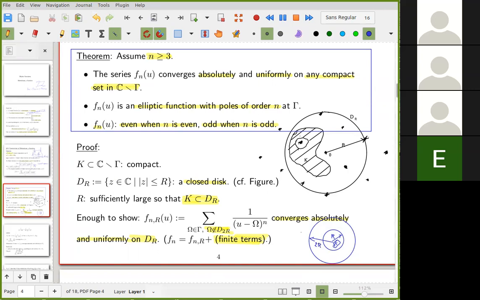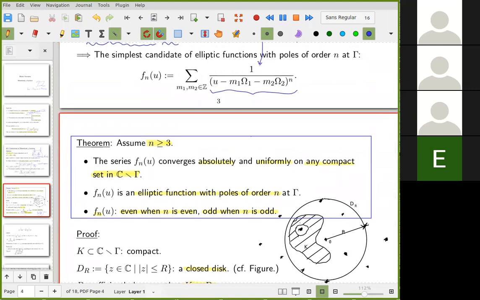Circle. And we pick up lattice points outside of this larger circle, larger disk, and sum up all these terms.